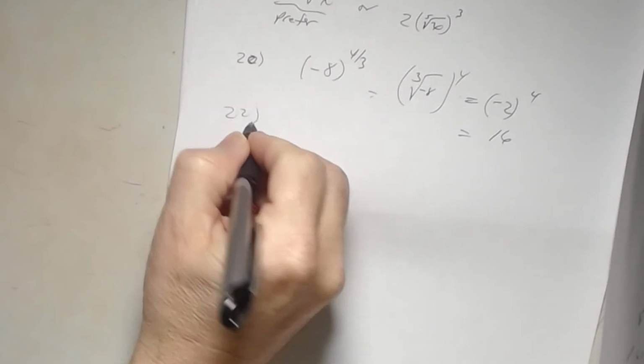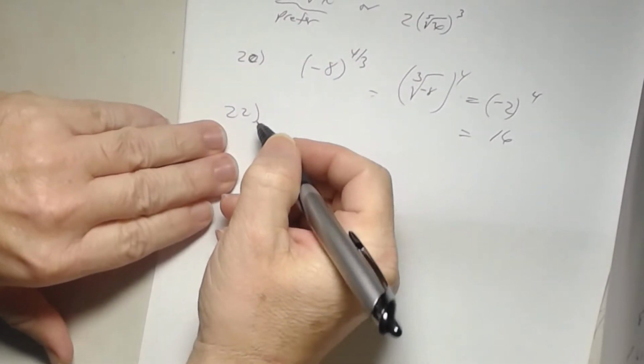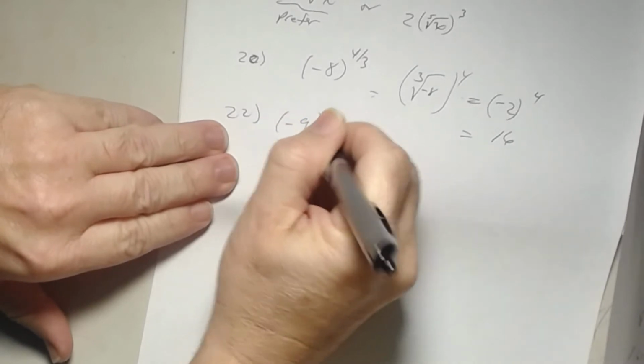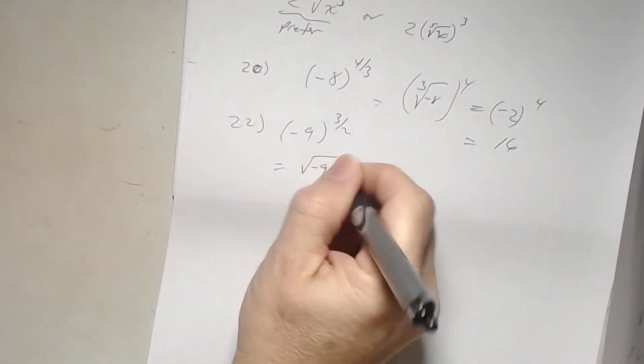All right, and then 22. You have negative 9 to the 3/2 power. Square root of negative 9 and then the third power outside of the parentheses.